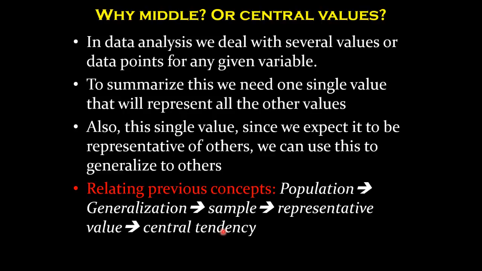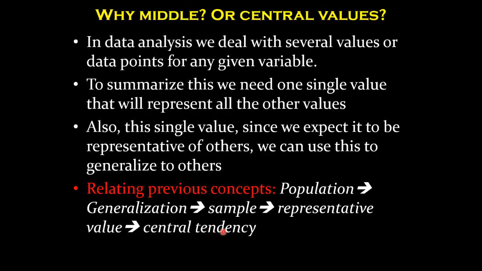If the average of a sample, meaning a part of the whole, is a representative value, then that representative value is actually representing everyone in the sample that you just took. If the sample is representative of the population, then shouldn't the average that you took from the sample also represent the population?